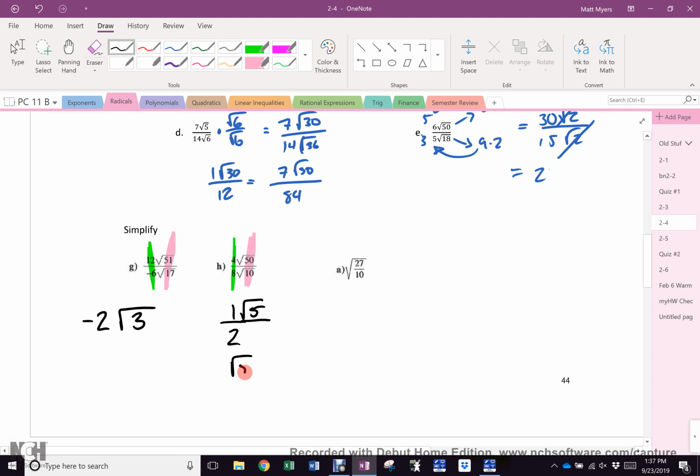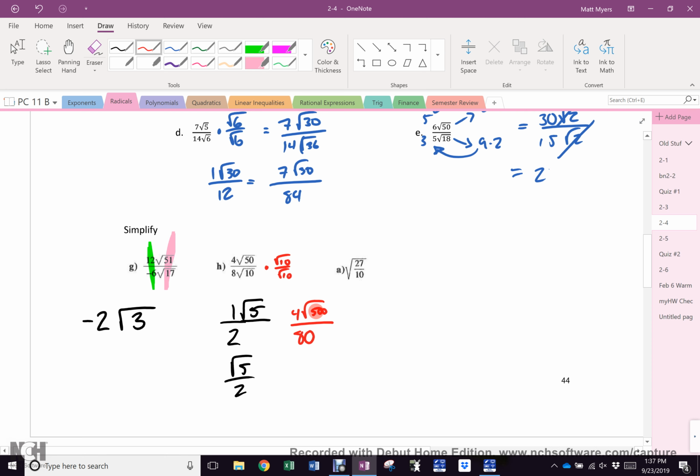No. Now, let's say again, oh, Mr. Myers, no. I didn't see that. I'm going to multiply by root 10 over root 10. And I'm going to get 4 root 500 over 80, right?